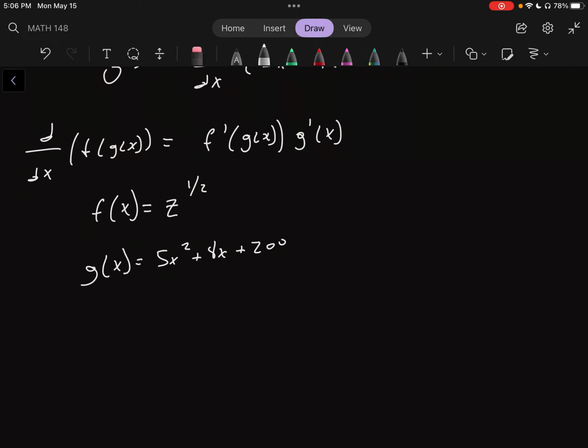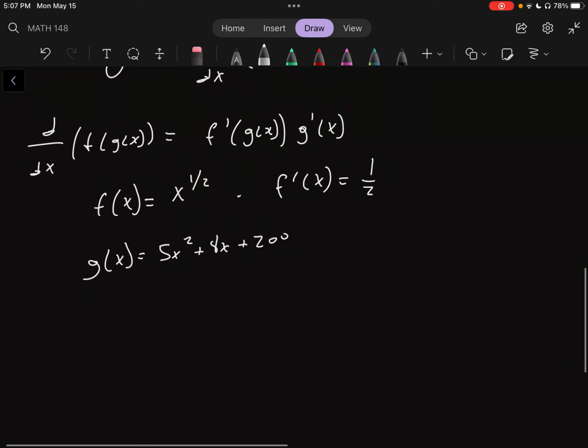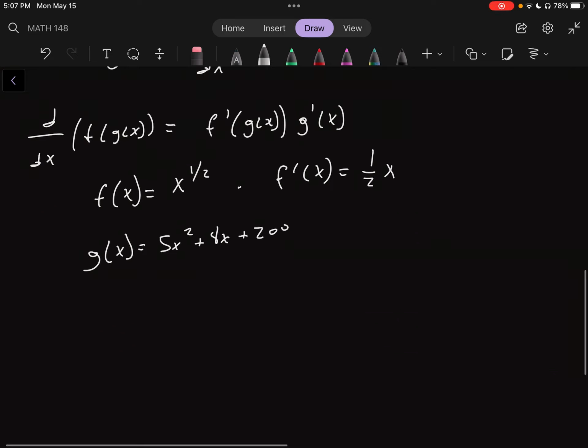Okay, so now we can get f prime. Let's just use this so we don't get confused. f prime of x is equal to 1/2, and 1/2 minus 1 is negative 1/2, which is equal to 1/2 over the square root of x.